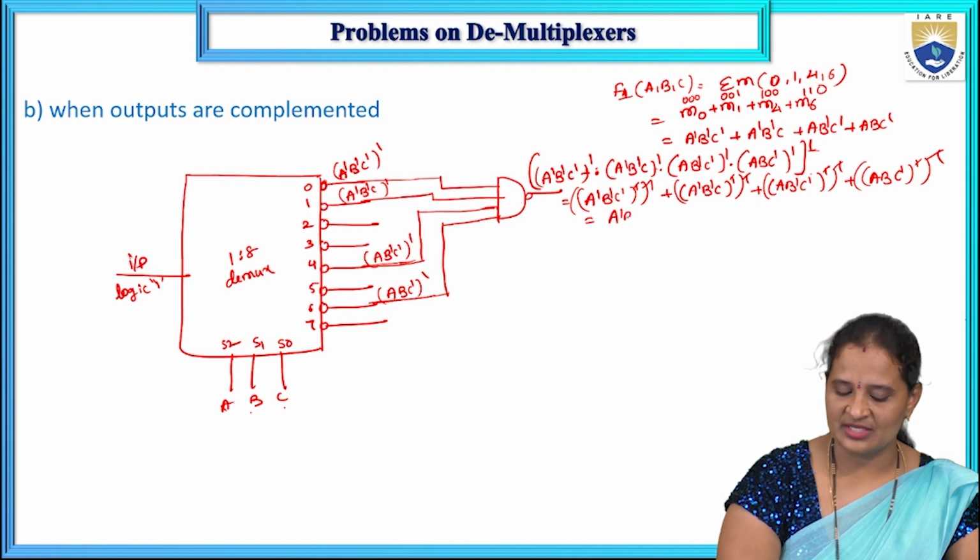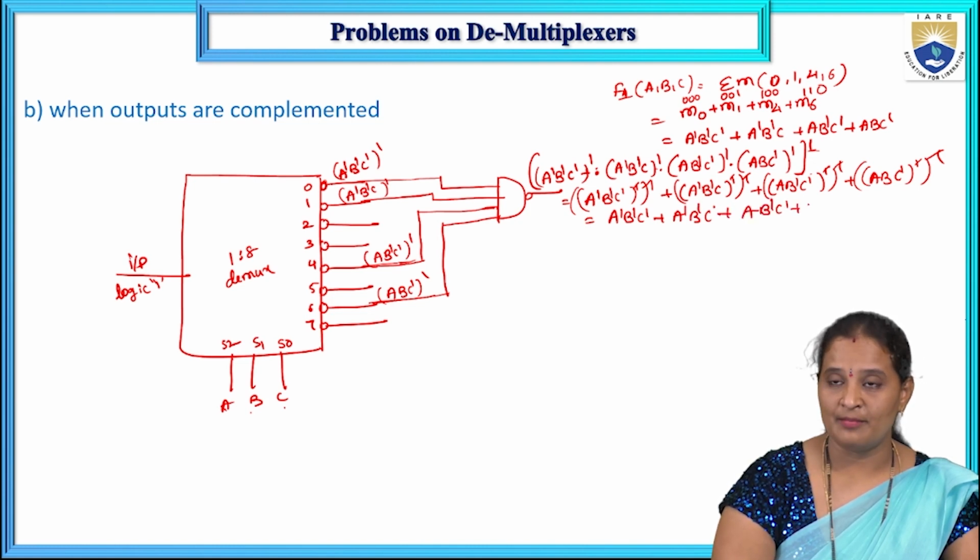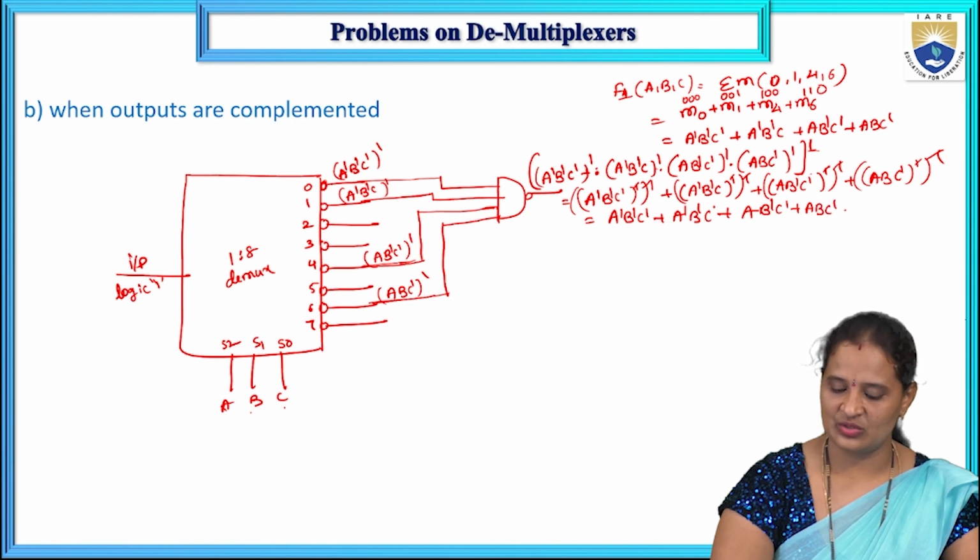I'll get the function as A bar, B bar, C bar plus A bar, B, C, A bar, B bar, C plus A, B bar, C bar plus A, B, C bar. So this is our F1 of A comma B comma C. I hope it is clear.